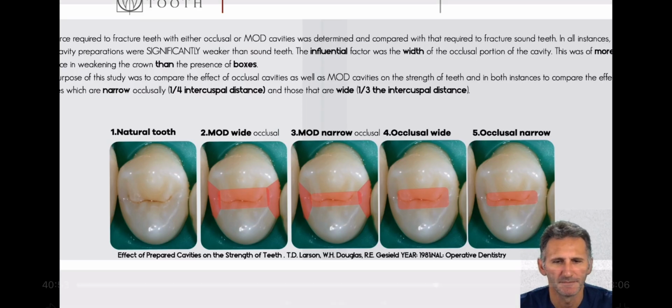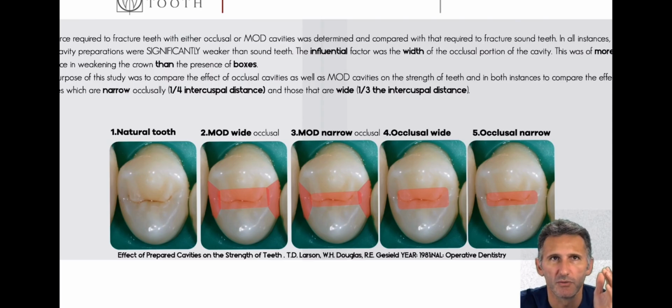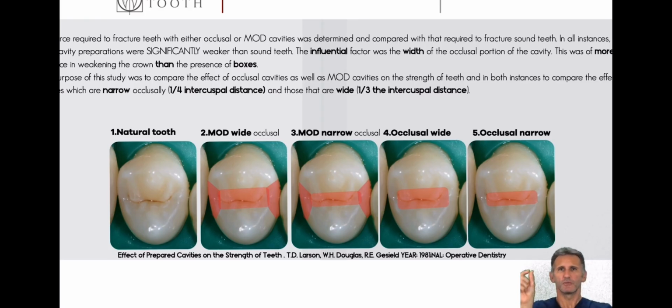This is a study about the force required to fracture teeth with occlusal or MOD cavities. They did a standardized approach about the width of the occlusal cavity, making it 1/3 and 1/4, and adding 2 slots on the marginal ridges.